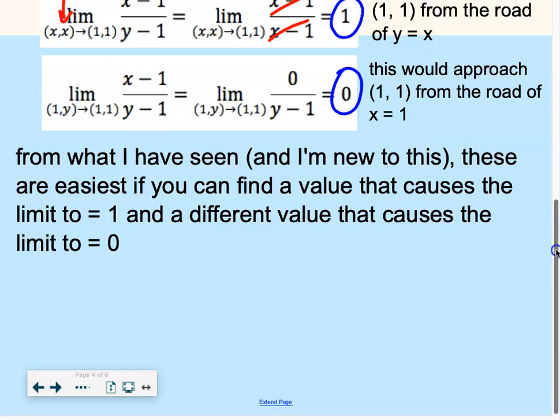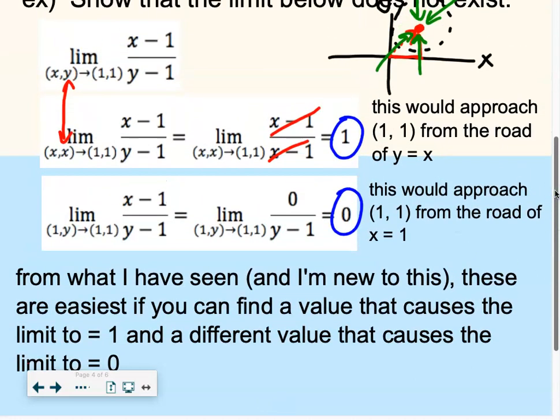What I found is you change your x to y or your y to x, or make your x a constant or your y a constant. Those are your 4 roads that are easiest to travel down, where you can usually get it to spit out 2 different answers depending on your 2 different roads.